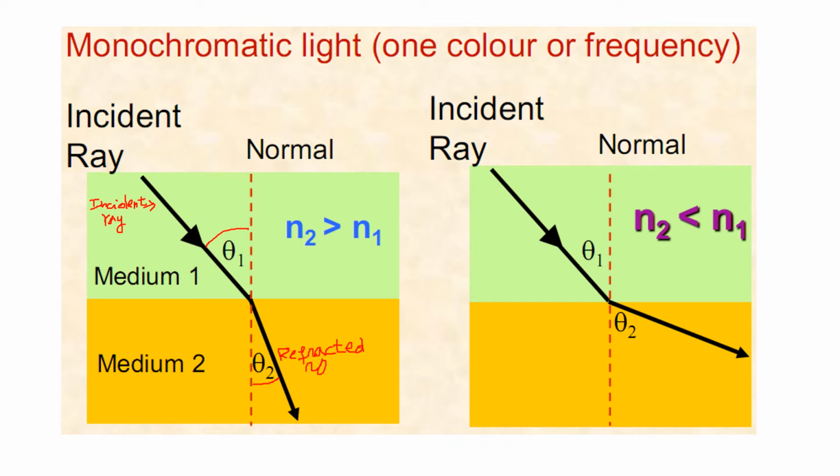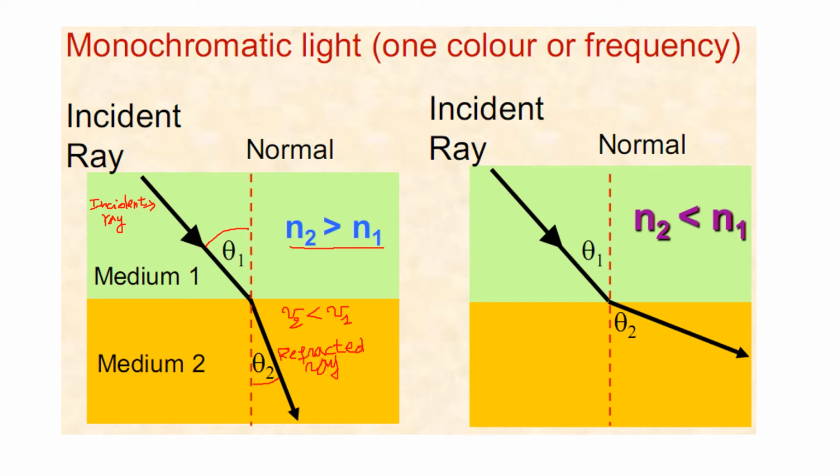To be denser means that the index of refraction of medium 2 is larger than the index of refraction of medium 1. This means that when light reaches medium 2, the speed of light in medium 2 is smaller than the speed of light in medium 1.